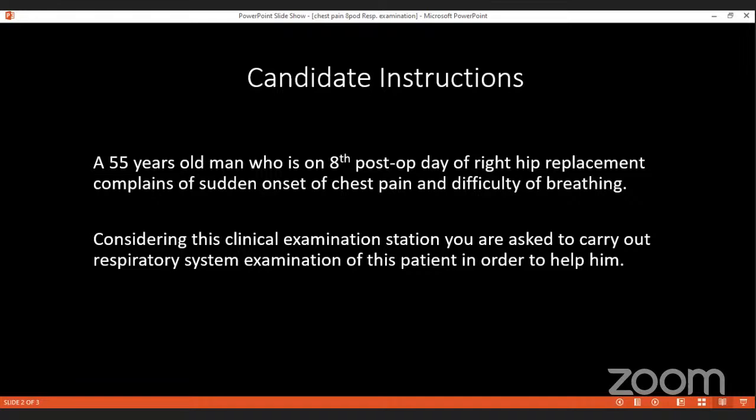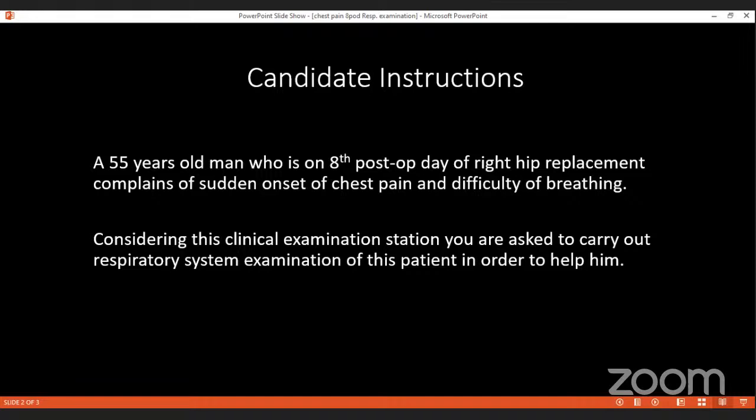I would also want to do a CTPA, computed tomography pulmonary angiography, and the patient may also benefit from a duplex ultrasound scan of the lower limb. Then maybe chest X-ray, ABGs, ECG, echo. These are the more common ones.